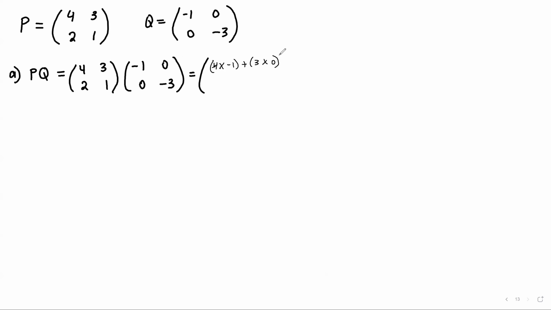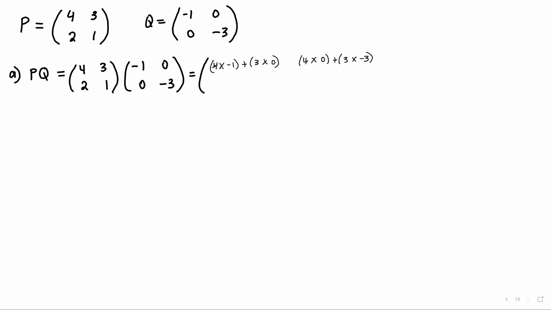That's your first value, your row 1, column 1. Now for your row 1, column 2, same row, it's still going to be 4 times something plus 3 times something, right? It's the column 2 values that go in here. So that's 0 and -3.